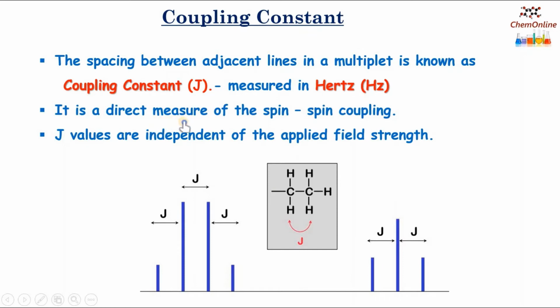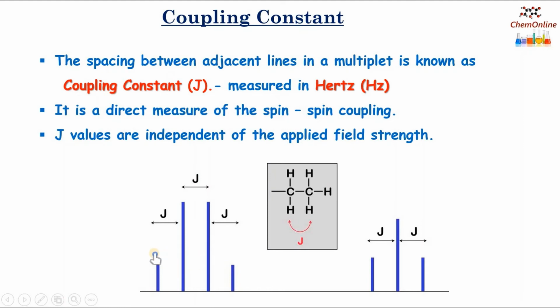This coupling constant is the direct measure of the spin-spin coupling. That is, it is a measure of how strongly a nucleus or a proton is affected by the spin orientation of its neighbouring proton. However, J values are independent of the applied field strength.